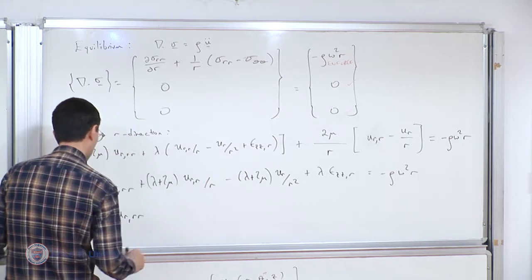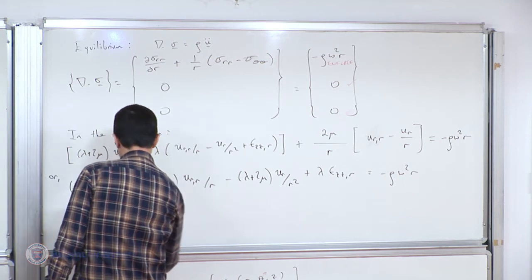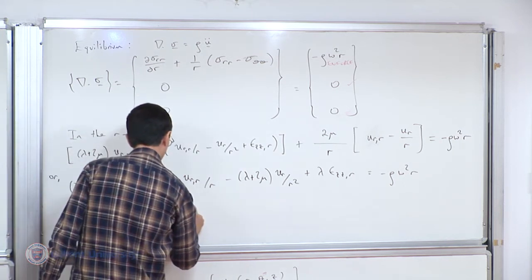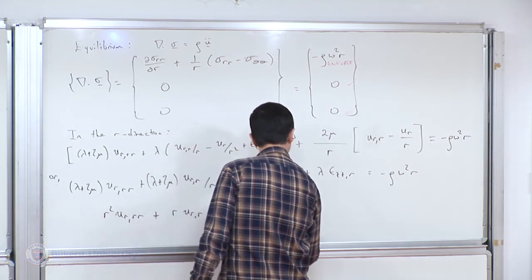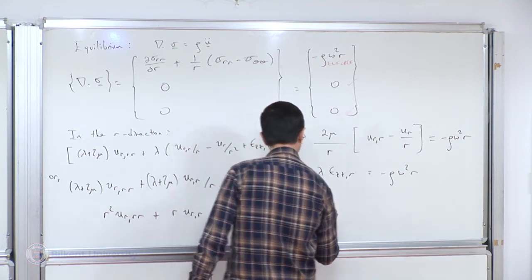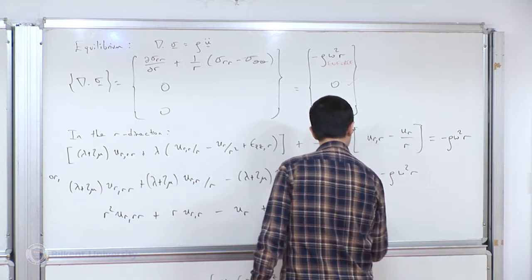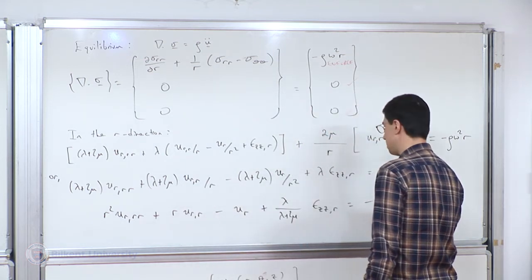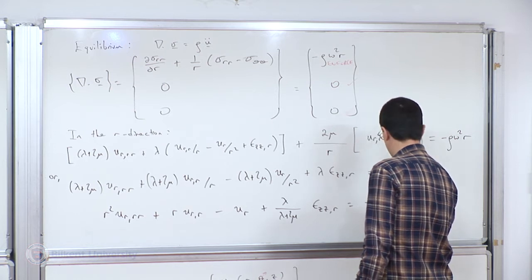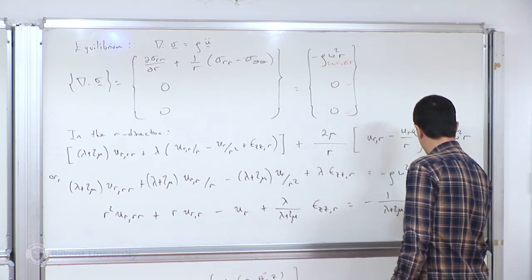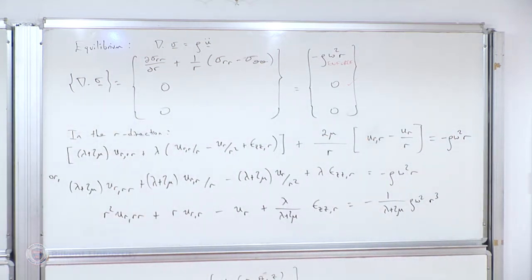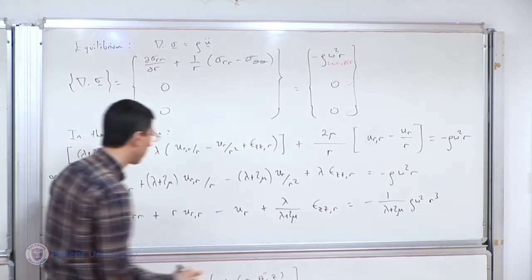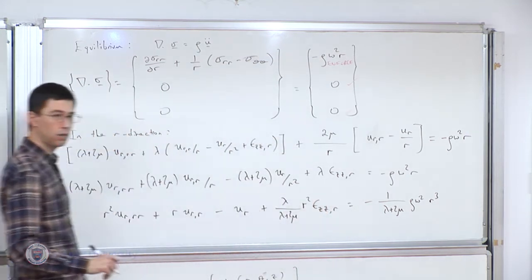So r squared u r comma rr plus r u r comma r minus u r plus lambda over lambda plus 2 mu epsilon zz comma r is equal to minus 1 over lambda plus 2 mu rho omega squared r cubed. Sorry, I usually forget the r squared. There it is.